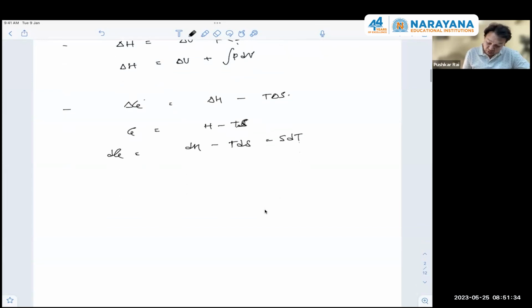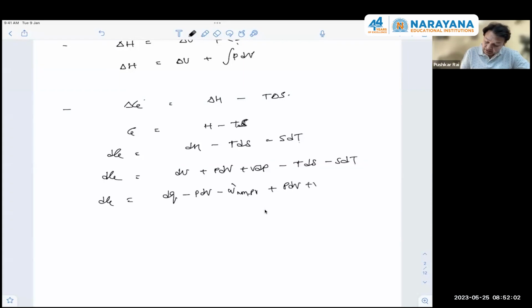We often used to do this. So this means dG is equal to dU plus PdV plus VdP minus TdS minus S dT. And then instead of dU we can write dq minus PdV minus W dash non-PV, plus PdV plus VdP minus TdS minus S dT.